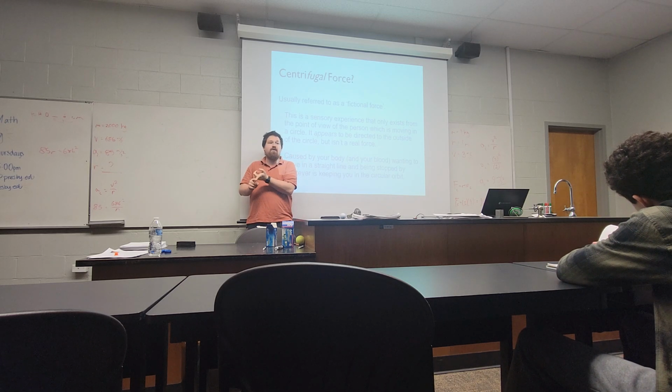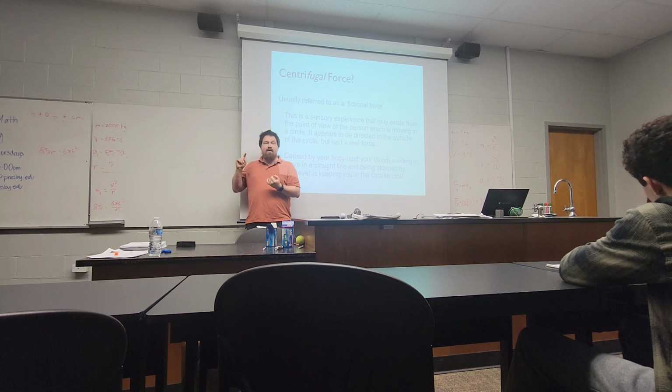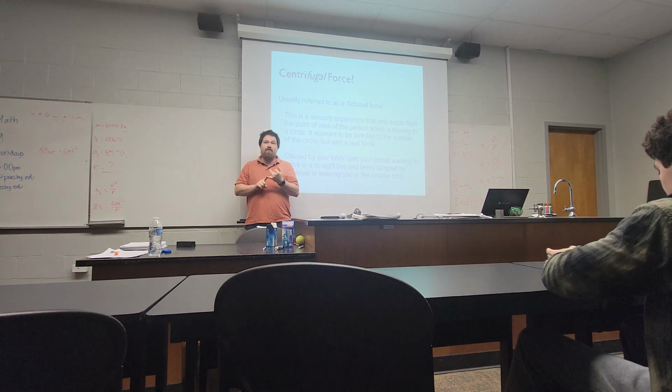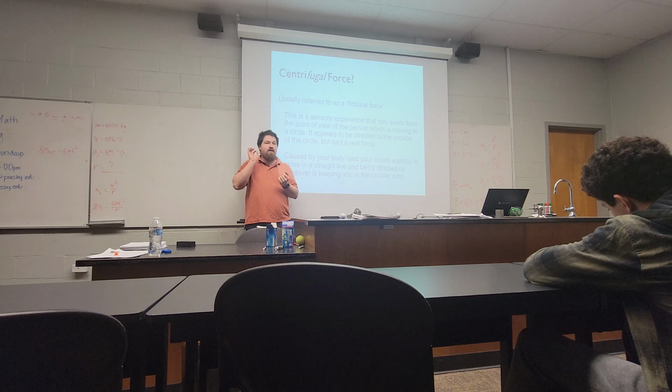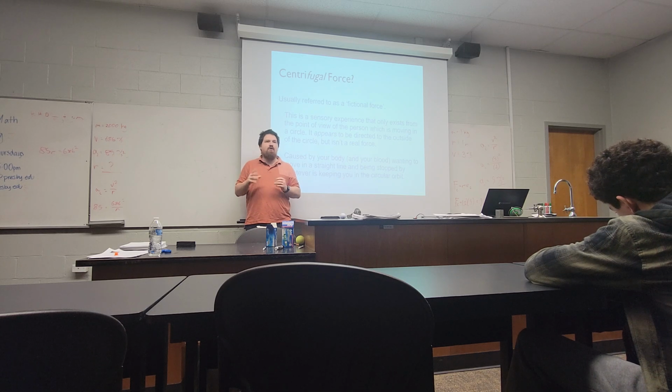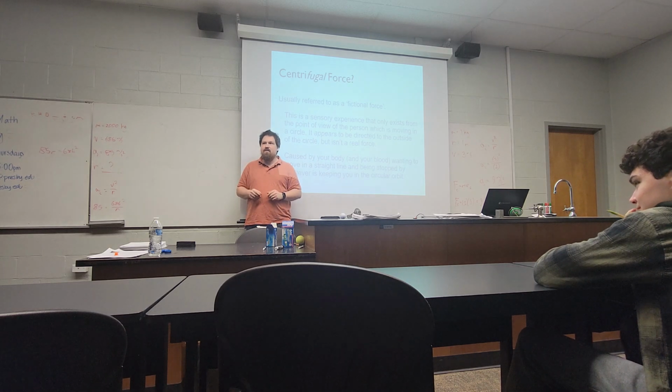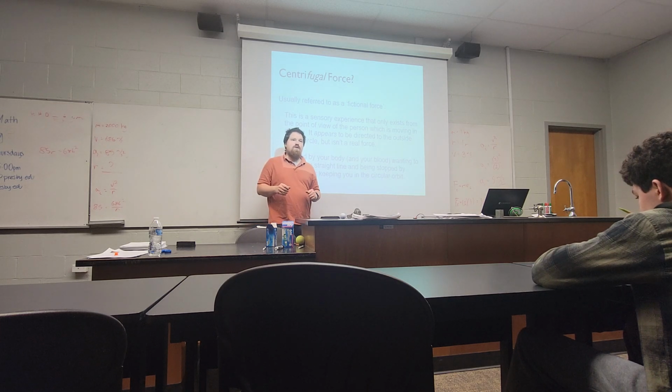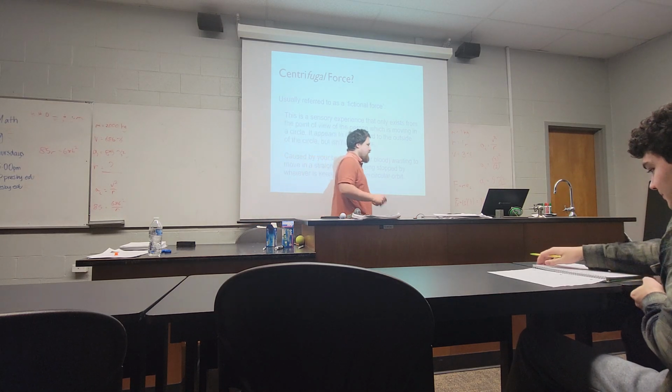So centripetal is the real one. Centrifugal force is a perception that you get when you're turning because you are an organism with multiple parts to your being that don't always do the same thing. The feeling of centrifugal force is a quirk of the nervous system and the fact that you have blood in your body.